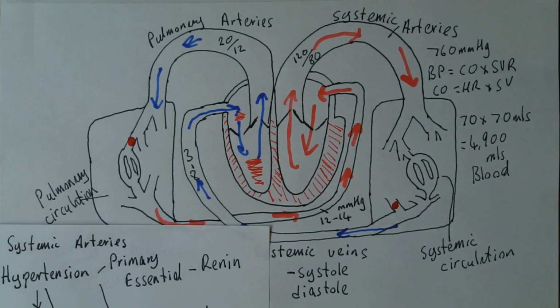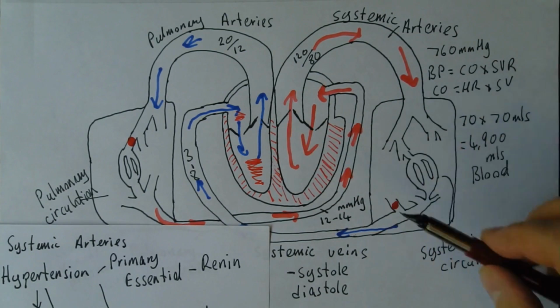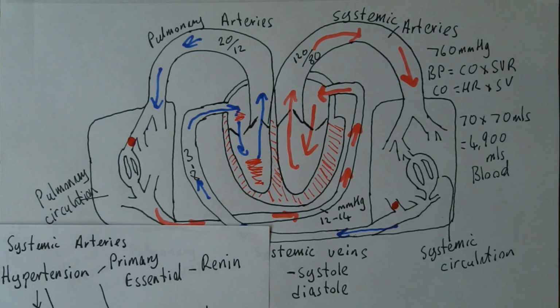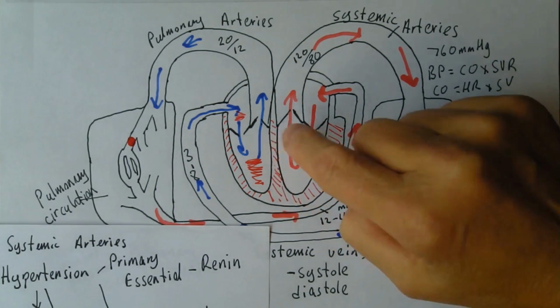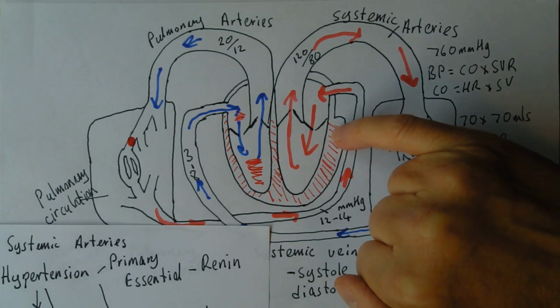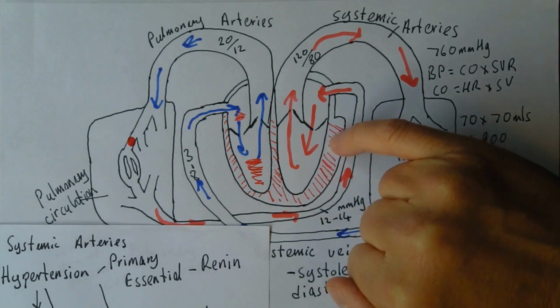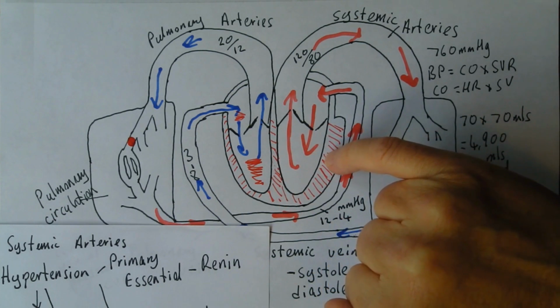Now, for a while it can do that. There can be enlargement of the left ventricular myocardium, left ventricular hypertrophy. Now, this condition is a hypertrophy because when you exercise a muscle, the muscle will get bigger. Like if you go to the gym and start working out, your muscles will get bigger. But that's because the individual cells get larger. It's a hypertrophy. There's not an increase in the number of cells.